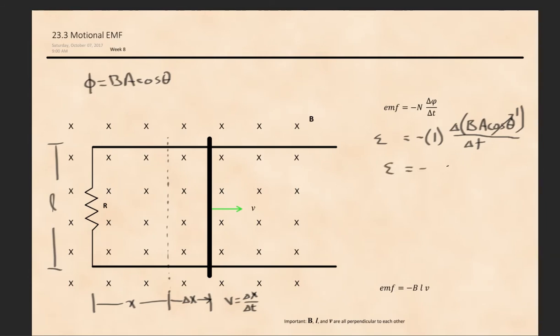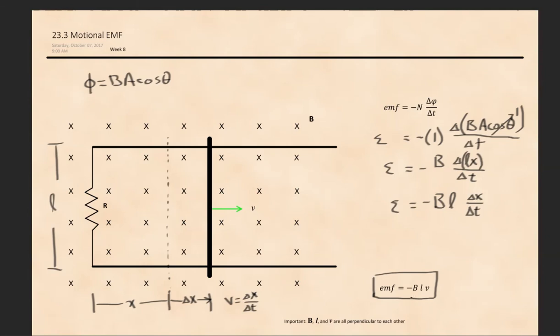And so then the EMF is simply the change in the area. But the dimension L is not changing, and so the EMF then is BLV.